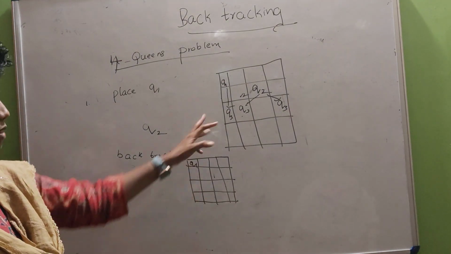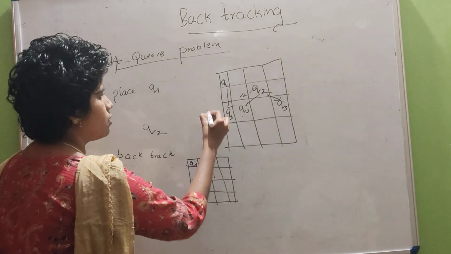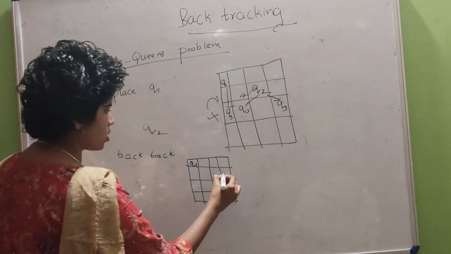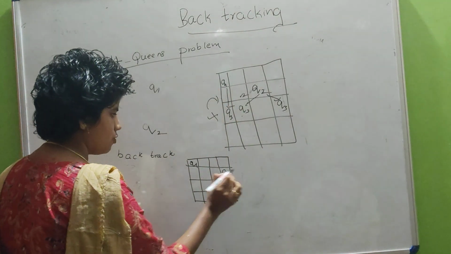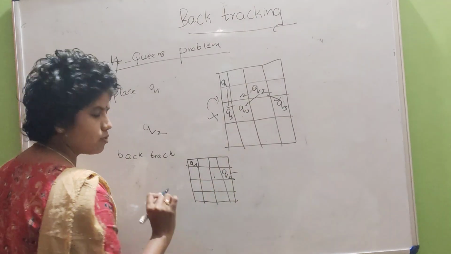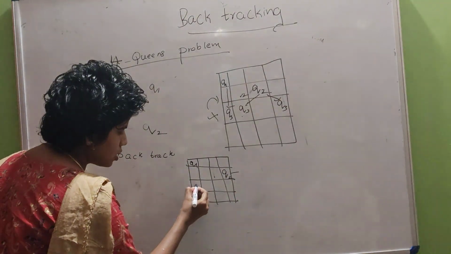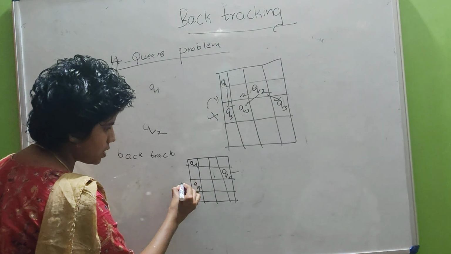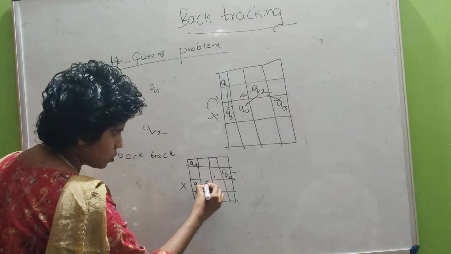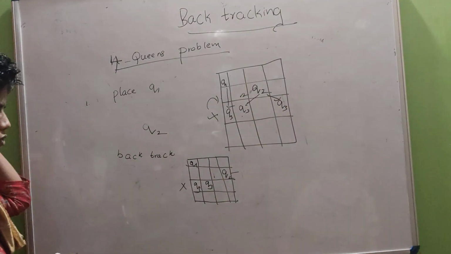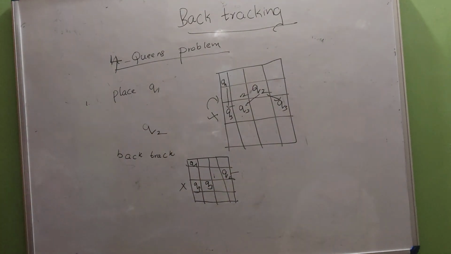We have discussed that whenever the solution is not viable, we are going to backtrack like this. Now Q2, we will place Q2 here, in the second column. If you are placing Q2 here, next you can't place Q3 here since it is not considered. Q3 you can place here, it's okay. Now we will go for Q4.